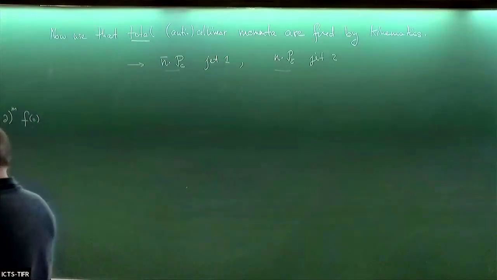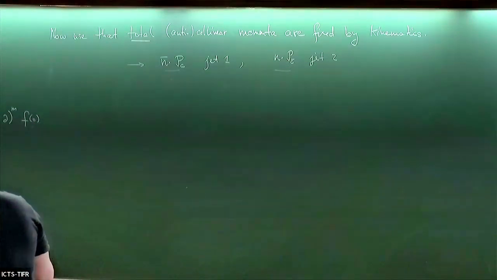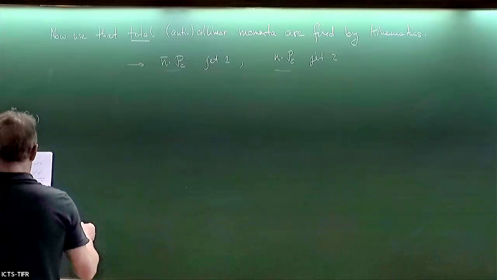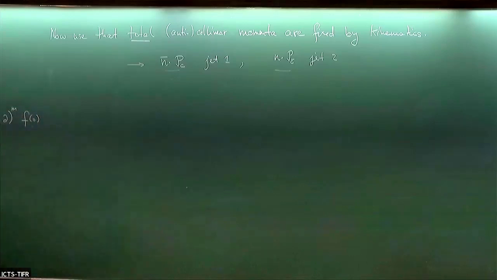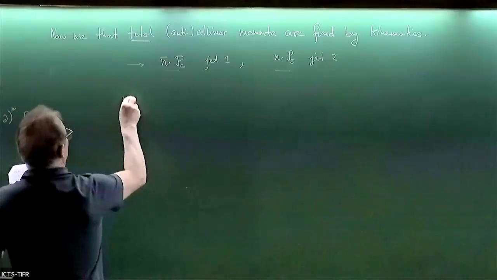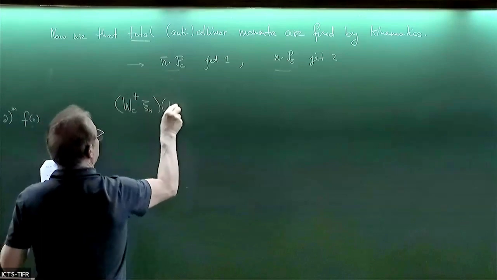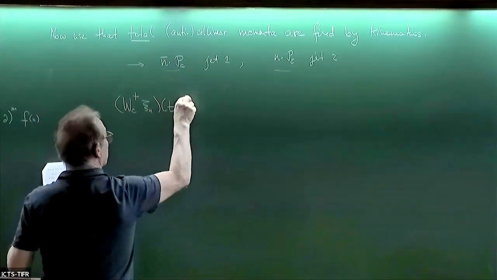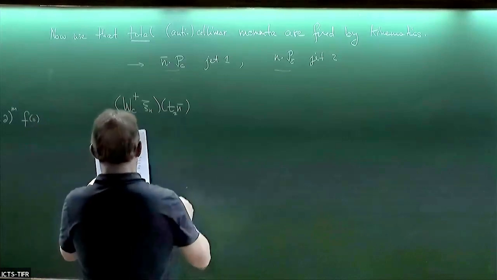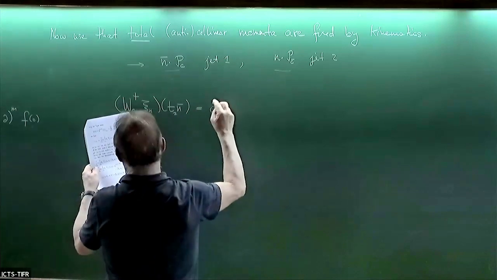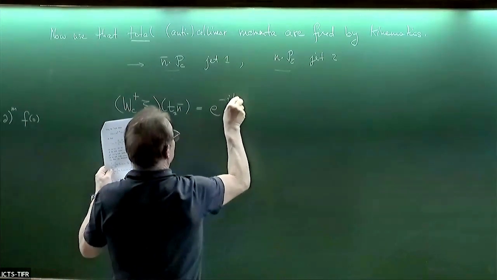And now I do the following trick yet again. It's almost like doing the same thing again. For instance, let's take this: I take a W dagger C_n at t2 n-bar. I can again use the translation operator, but I'm now writing this in terms of these momenta, because the translation operator in quantum mechanics is the momentum operator.